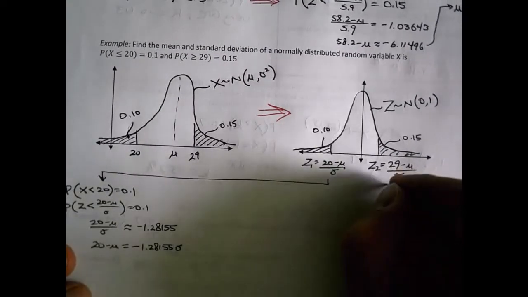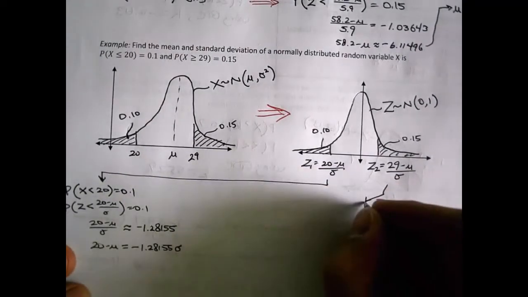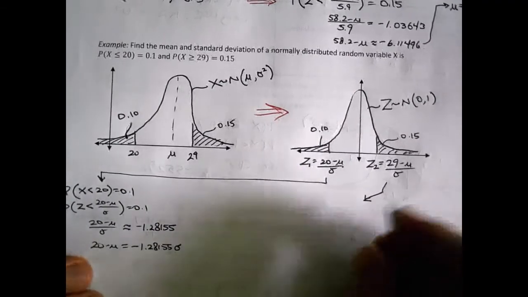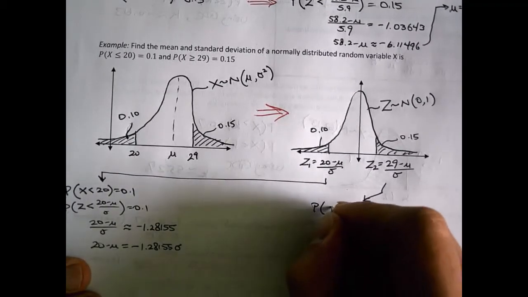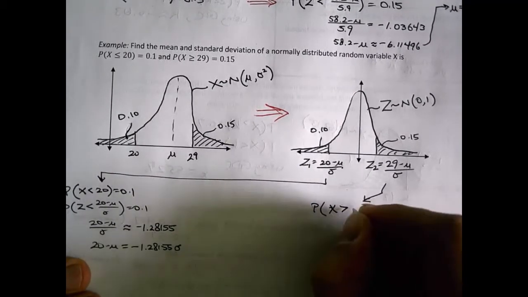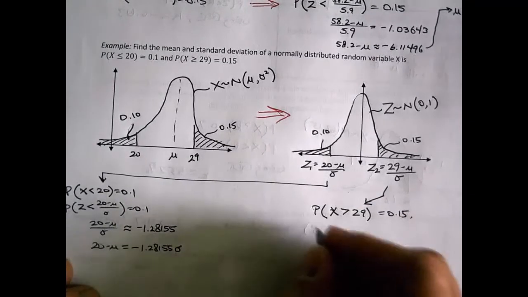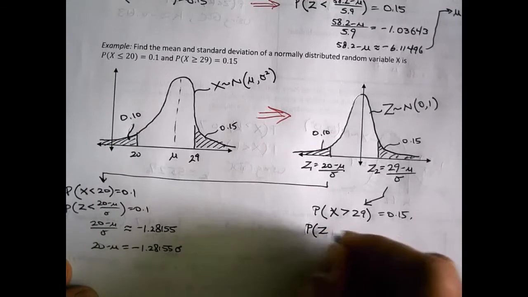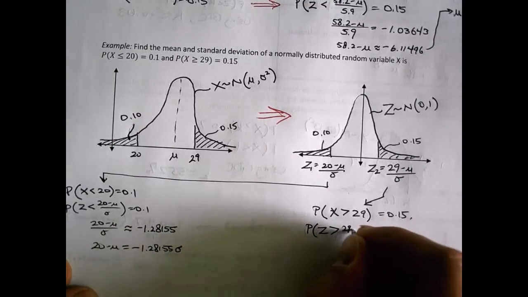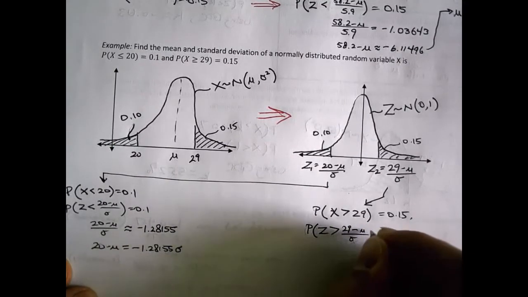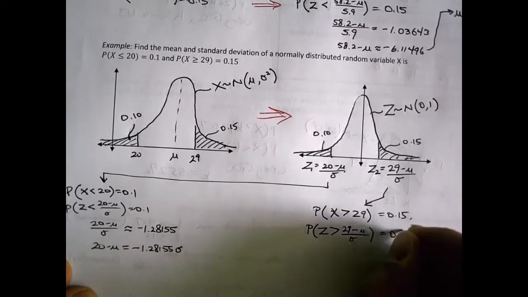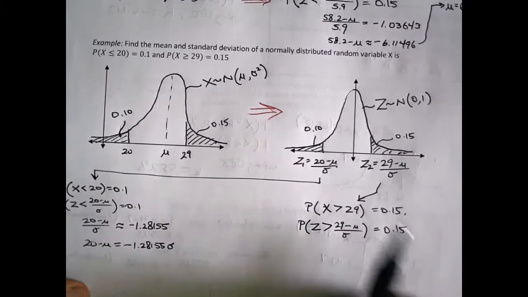So let's look at this other piece of information I have. I know that the probability that x is greater than 29 is equal to 0.15. Again, I can't use that, so let me rewrite it in my standard normal distribution. Again, the area greater than this cutoff is 0.15.